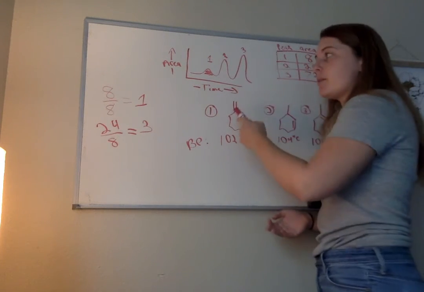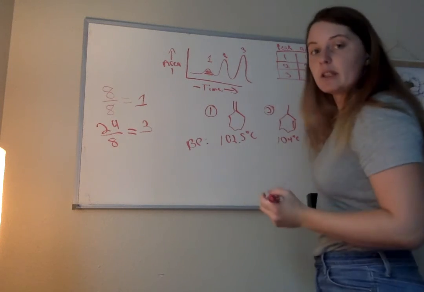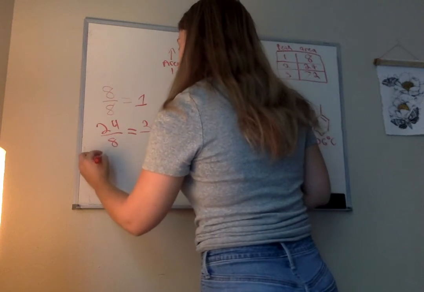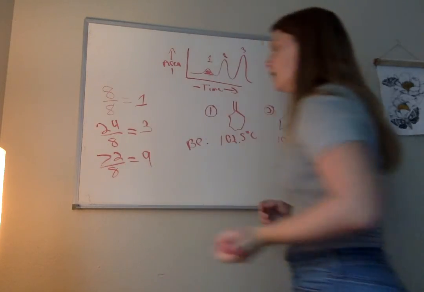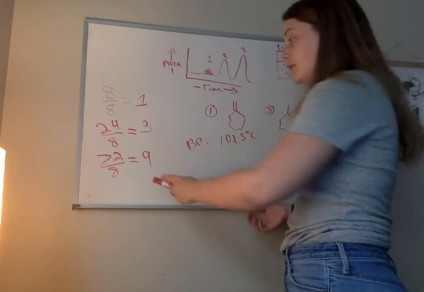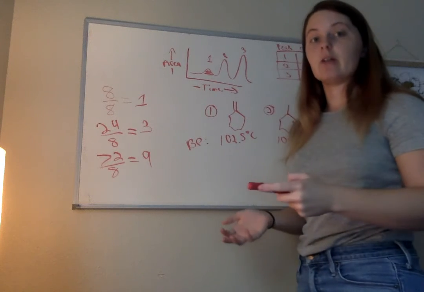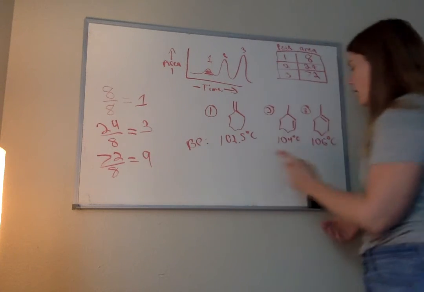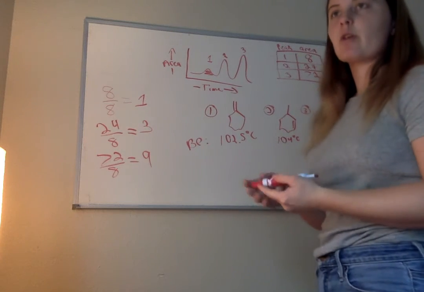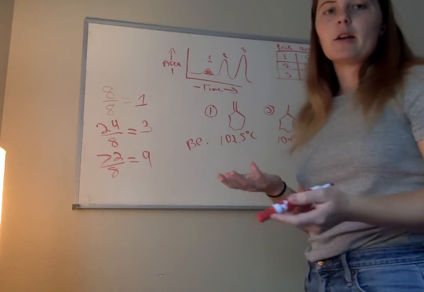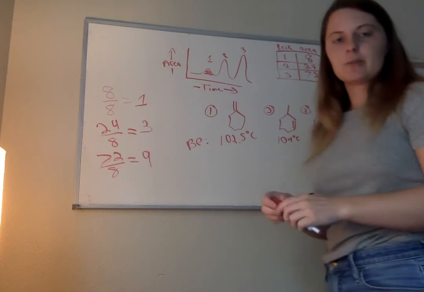Now we're going to calculate the biggest one, which is at 72. Nine. So it's a 9 to 1 ratio of our most stable product to our least stable product, our major product to our minor product.